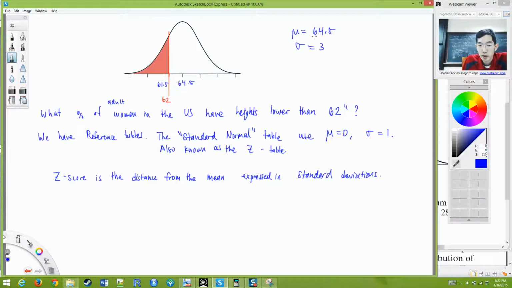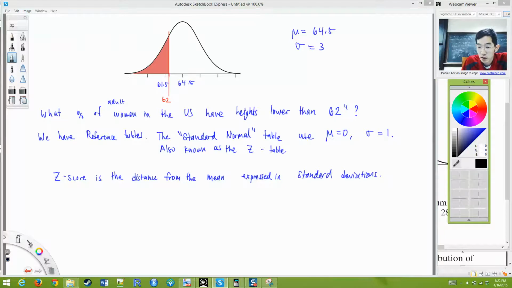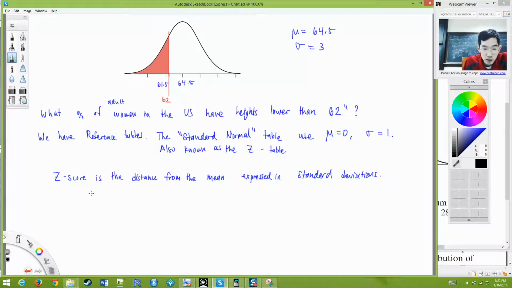So a point of 64.5, that value, so using this here, if y is equal to 64.5, that has a z-score of what? 0, okay? Because the distance from the mean is 0. 64.5 is the mean, so its z-score is 0.